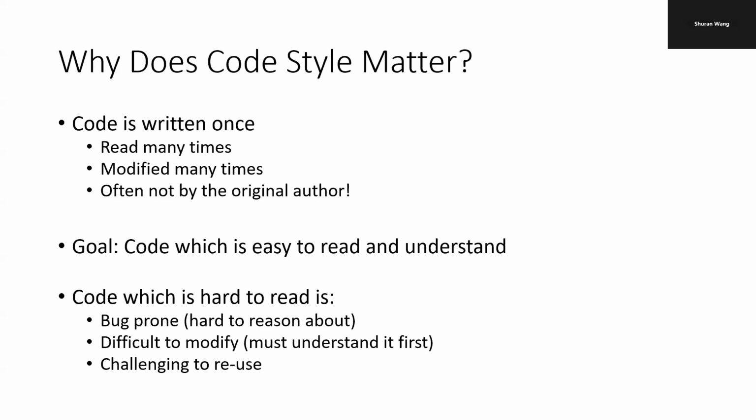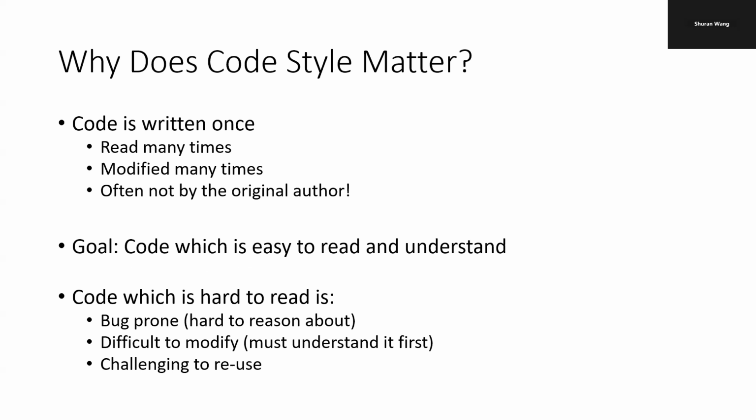Why does code style matter? The primary reason why we care about code style is that the code you wrote has to be easy to read, either for you or for your partners or for your TA. The code is going to be read many times and modified many times.